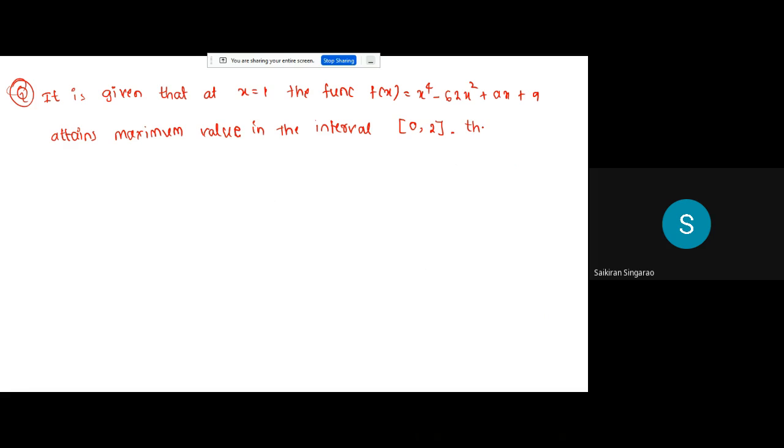Then find a. It's a good way of asking the question. So whatever concept you learn, you can apply it nicely.